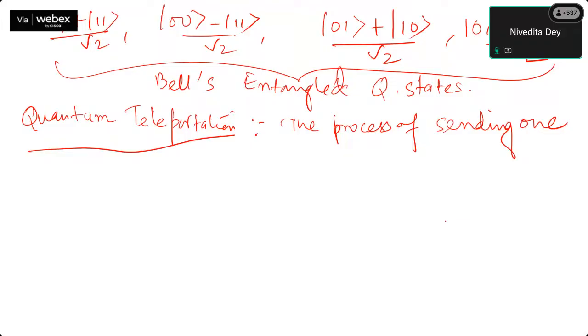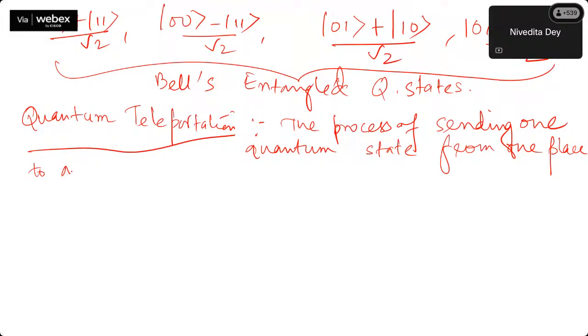So quantum teleportation is a process of sending one quantum state from one place to another.